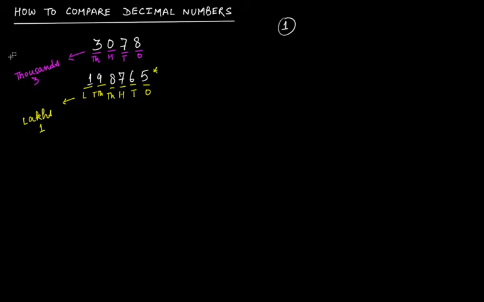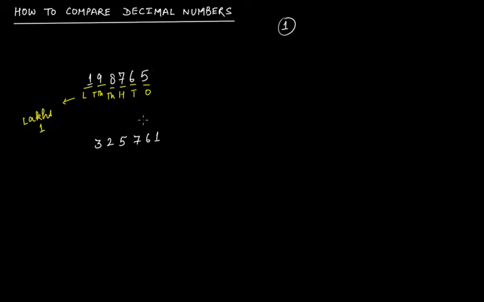Let's remove this. What if we have 325761 and 612345? We have to compare this number and this number. The highest place value in this number is lakhs, and at the lakhs we have 1.